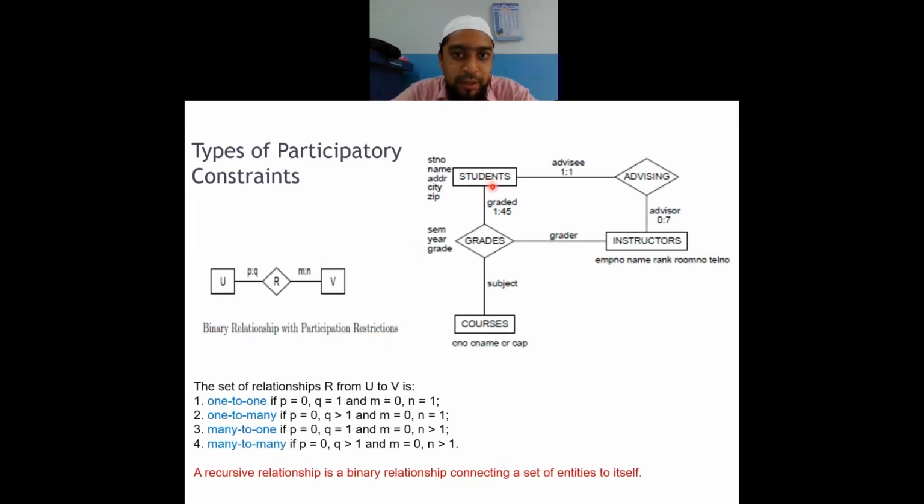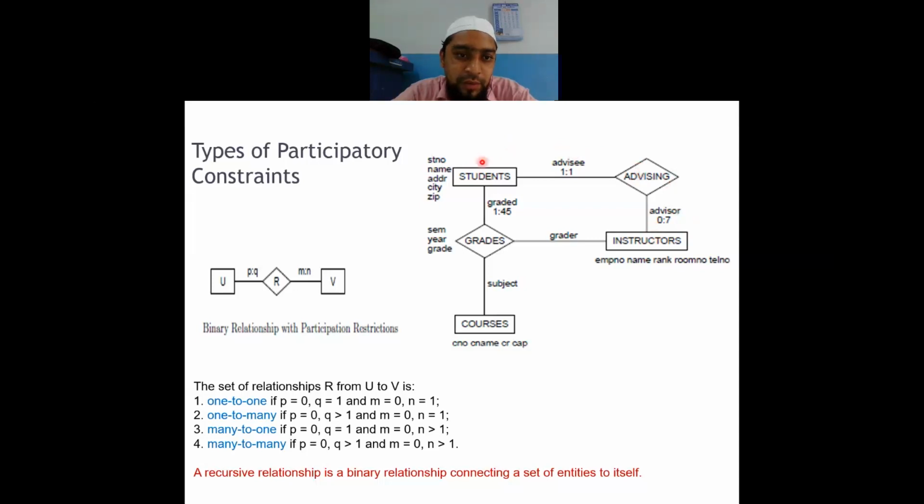Basically, I'm repeating: participatory constraint is a ratio of the number of participants from an entity set participating in a relationship with another entity set. This is the clear-cut definition. So here is the ratio given, 1:1, and here 0:7.